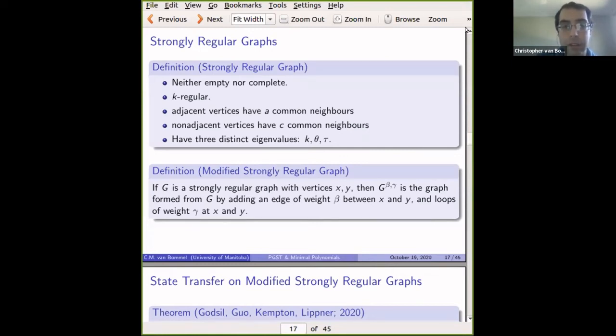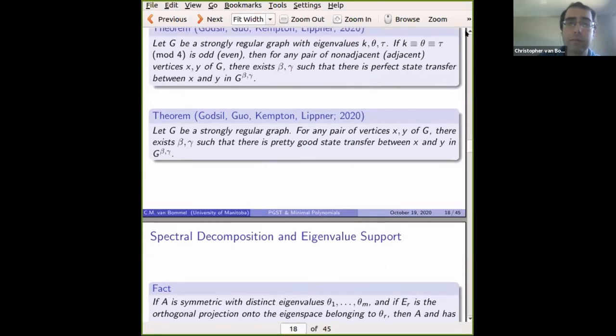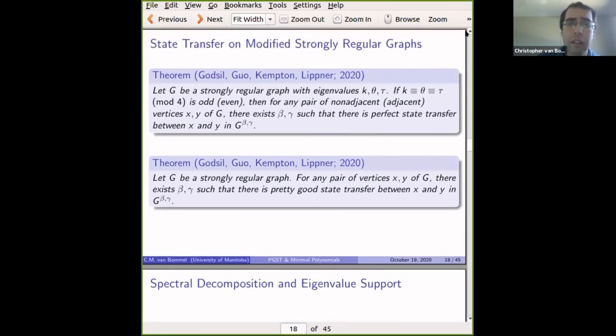And we consider weighting one of the edges or possibly non-edges between a pair of vertices and adding loops to the ends of that weighted edge. And with that weighting, there exist weightings to be made, as shown by Godsil, Kempton, and Lipner, that allow perfect state transfer to be achieved under certain conditions.